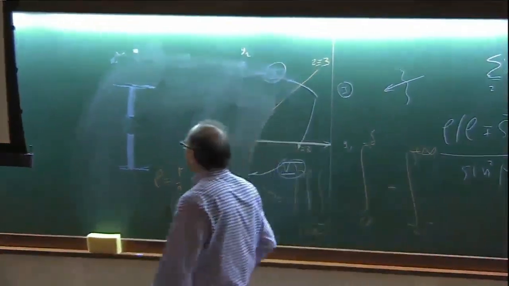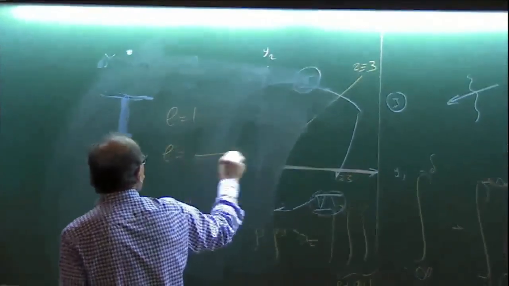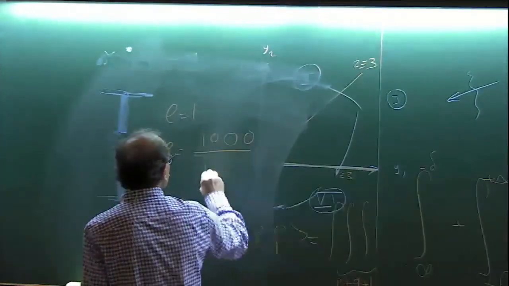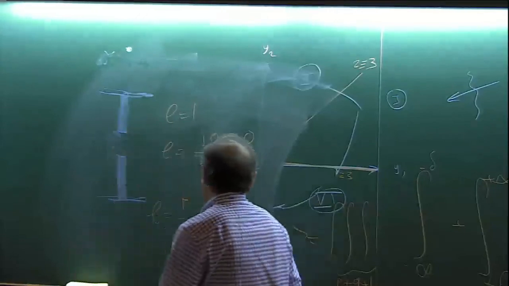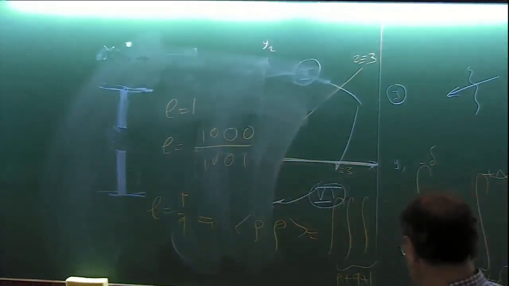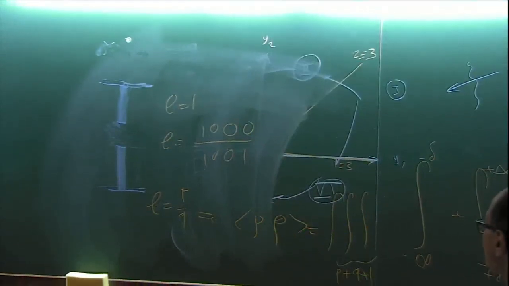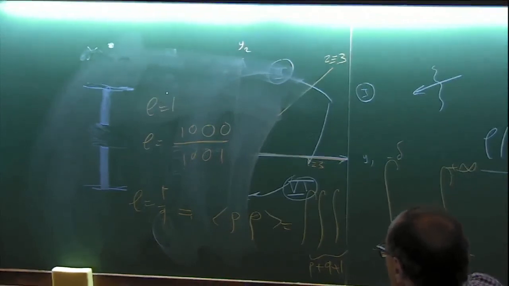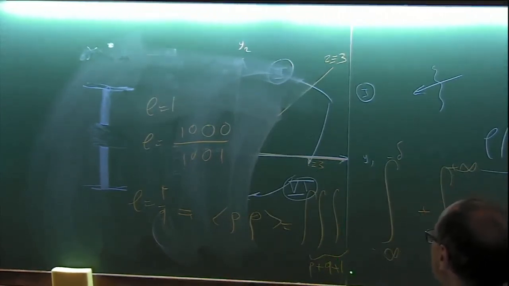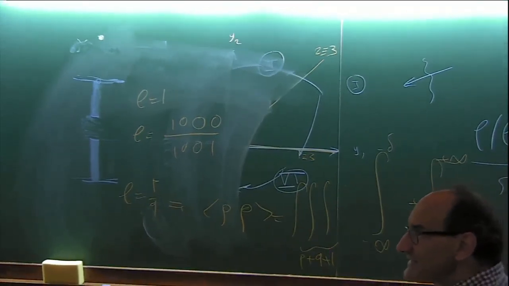But tell me, the difference between L equal 1 and L equal 1,000 over 1,001, do you expect that the correlation functions will differ dramatically? No, they wouldn't. Everything is continuous in L. Yet this expression would be just a double integral, while that expression would be an integral with 2002 variables. This is crazy.